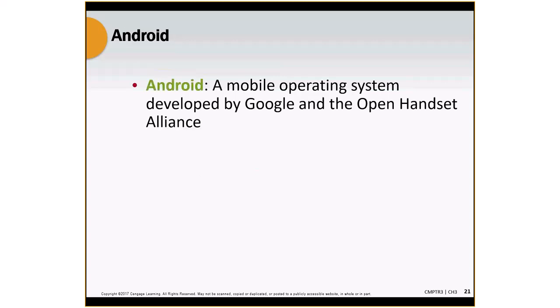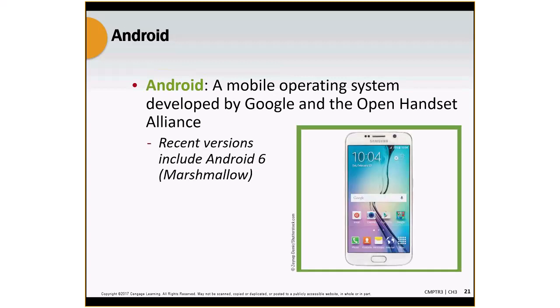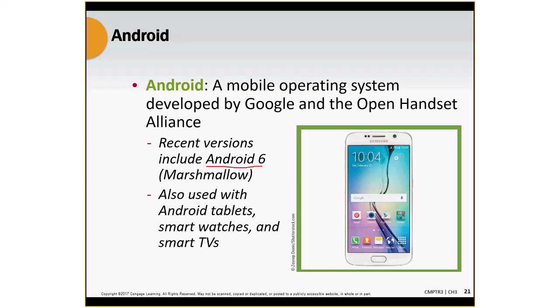Android is a mobile operating system developed by Google and the Open Handset Alliance. Recent versions include Android 6, which I think is a little bit old. It's also used with Android tablets, smartwatches, and smart TVs.